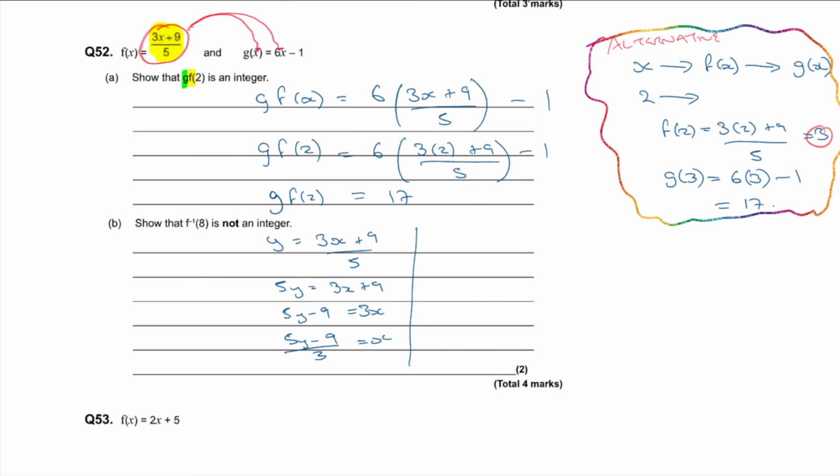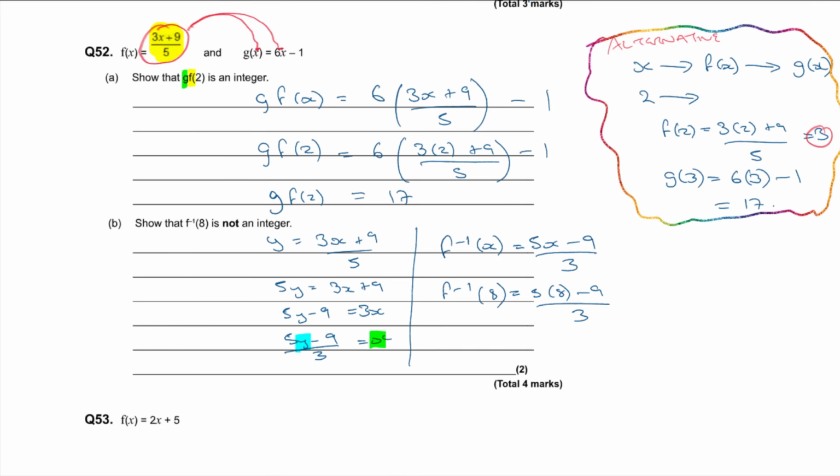I can switch the notation around. I'm going to replace x with f to the minus 1 of x, and I'm going to replace y with x. So that becomes f to the minus 1 of x is equal to 5 lots of x minus 9 over 3. That's my inverse function. Now I've got the inverse function, I can actually go on and work out what f to the minus 1 of 8 is. So that's going to be 5 lots of 8 minus 9 over 3.